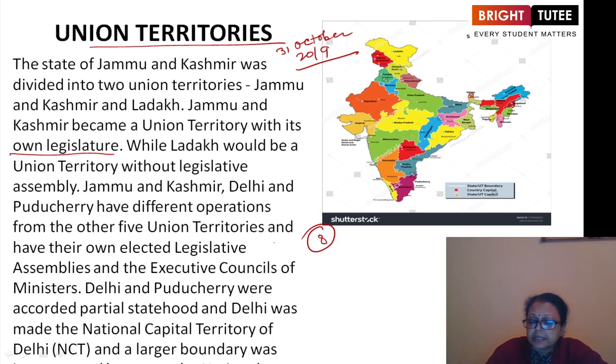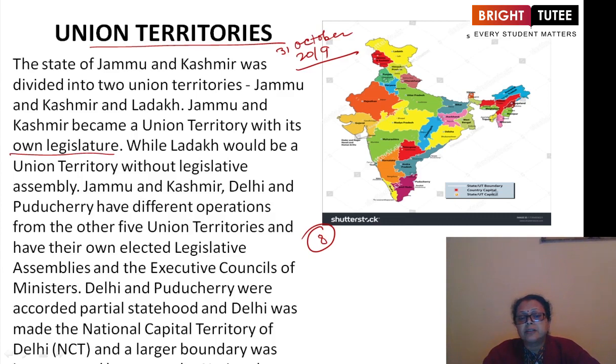Delhi and Puducherry were accorded partial statehood, and Delhi was made the National Capital Territory of Delhi, NCT, with a larger boundary known as the NCR, National Capital Region, which gives special status to Delhi.